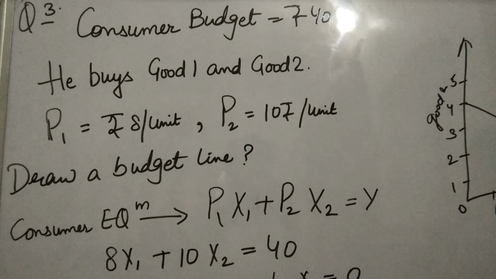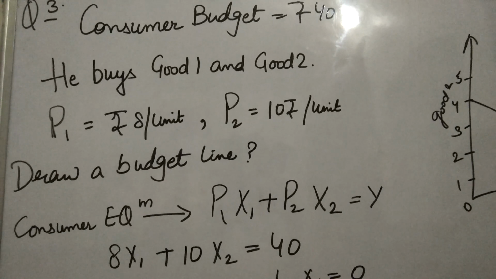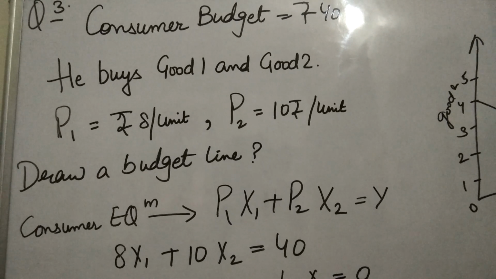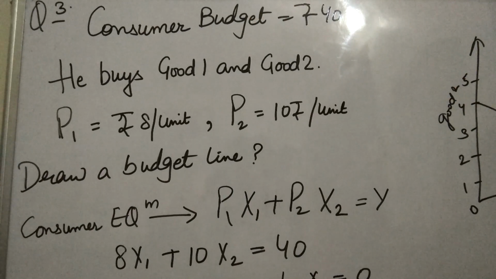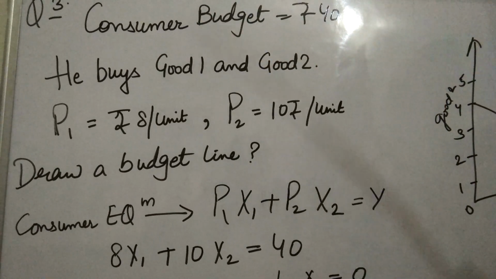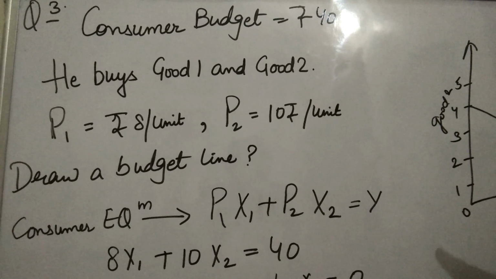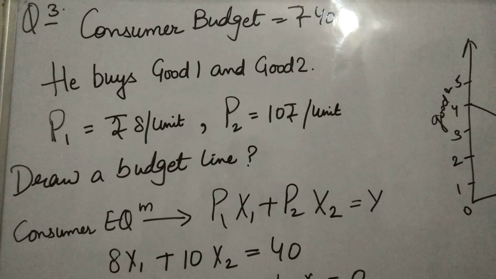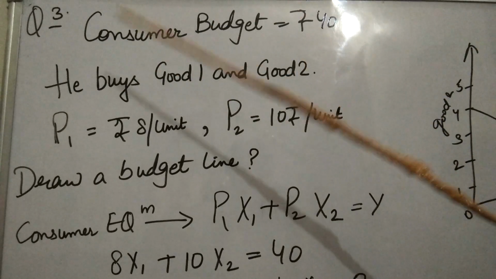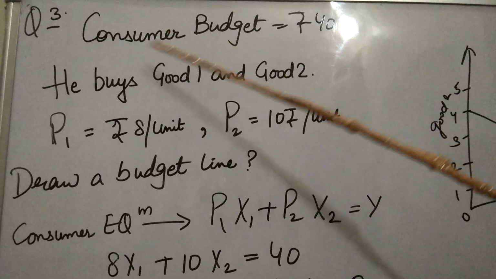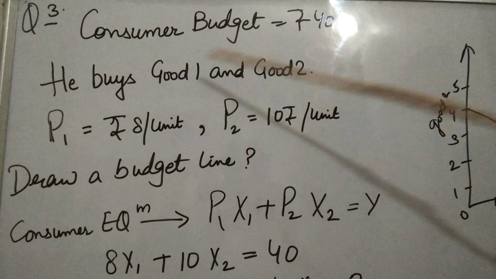So guys, now let's see some different types of numericals that you can encounter during your examination. Okay, now the next question is, if this type of question comes to you when you are appearing in your exam, it says the consumer budget is given as ₹40 and the consumer buys 2 goods, good 1 and good 2.